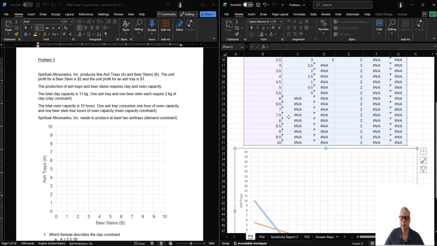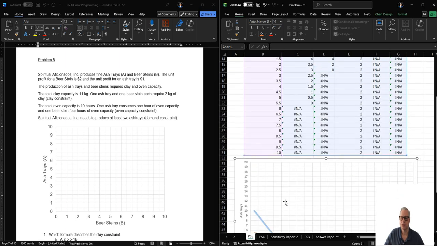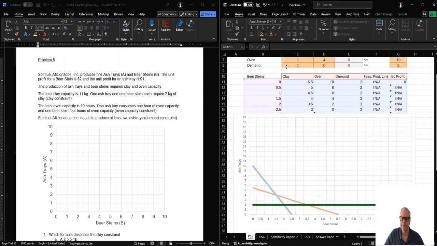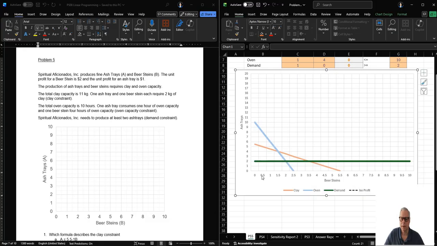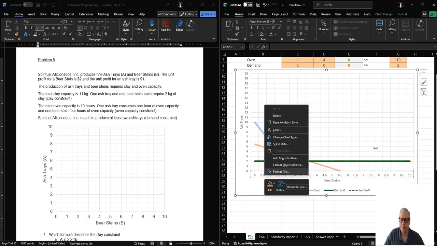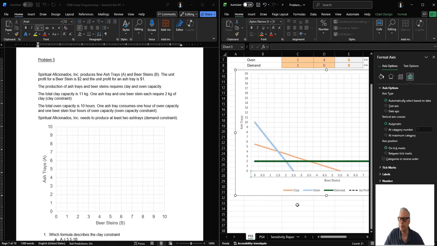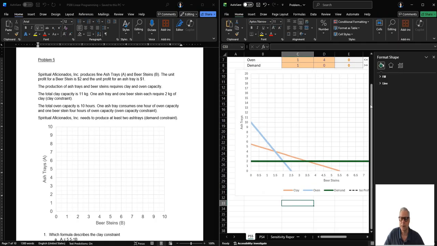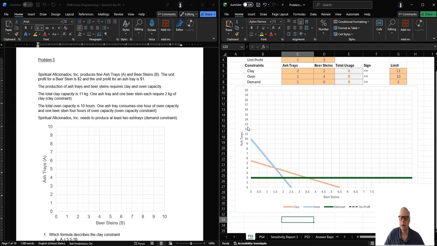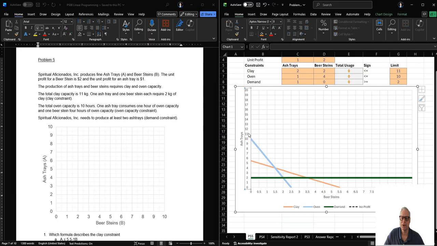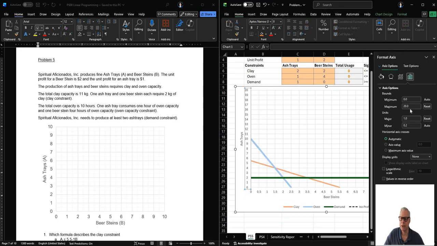And then let's make sure that the values are not between the tick marks, but on the tick marks. And the last thing I do is I change the axis type. I put it at a maximum of 10.